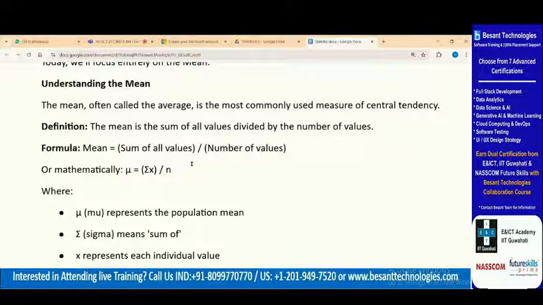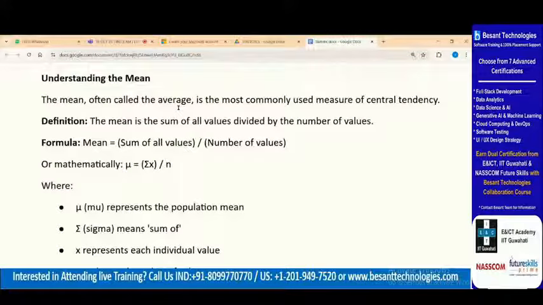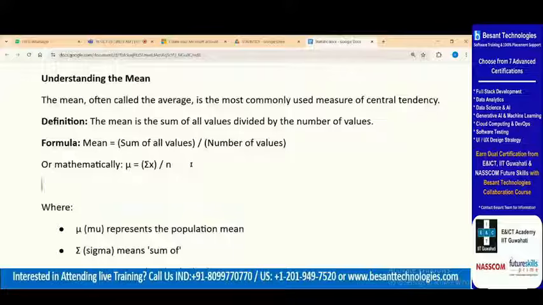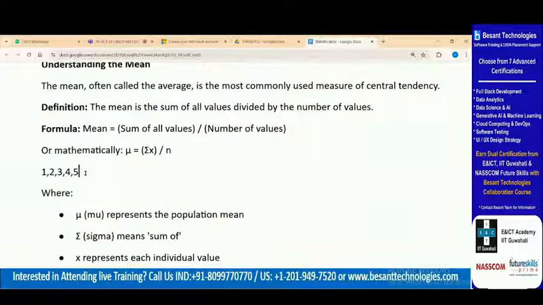Okay, so first of all, what is mean? It is often called an average. Consider the values 1, 2, 3, 4, and 5. I'll be taking the addition of all these components divided by the total number of values.